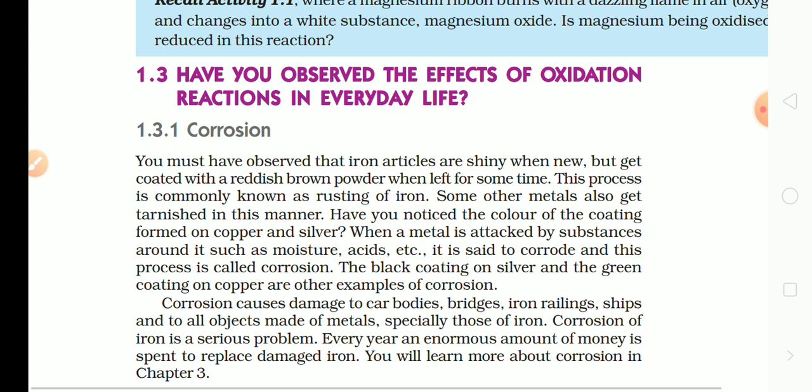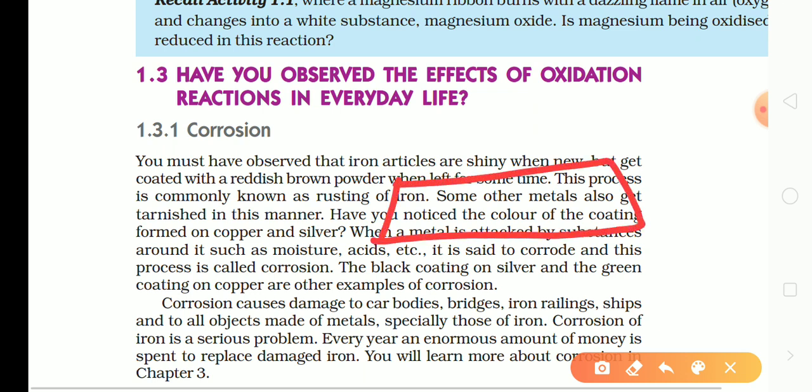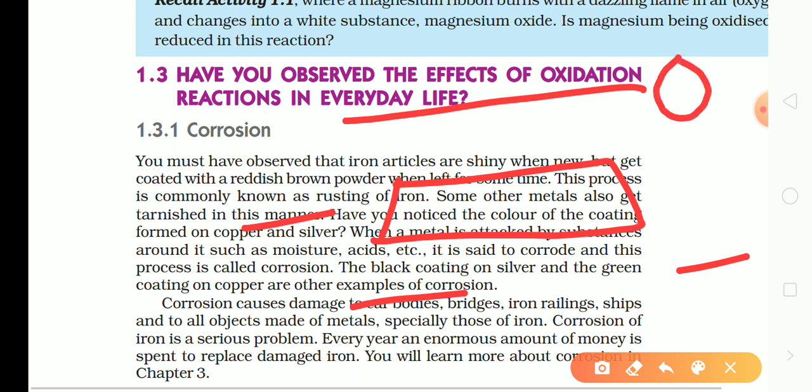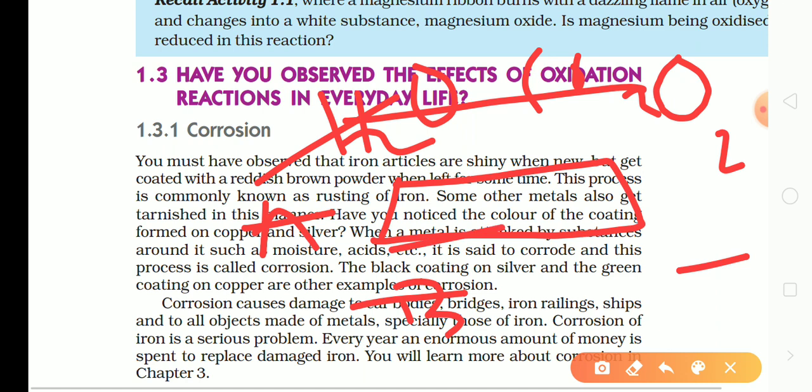So whenever a metal is exposed to the outer atmosphere, the gases present in the atmosphere like oxygen and carbon dioxide, and chemicals like water or some acids or some bases, whatever it is, act on it.